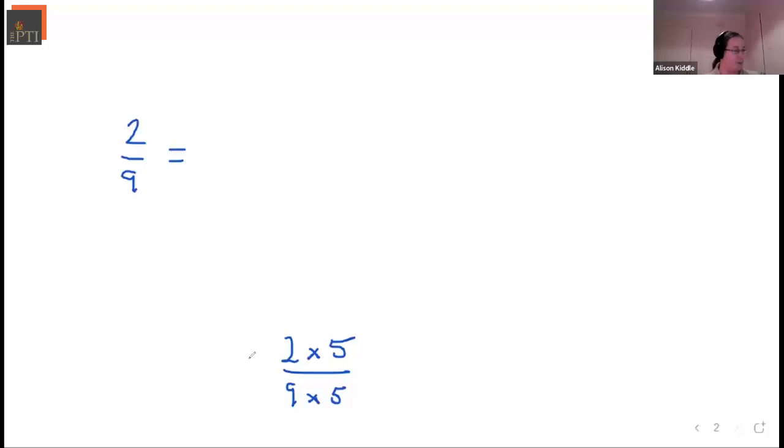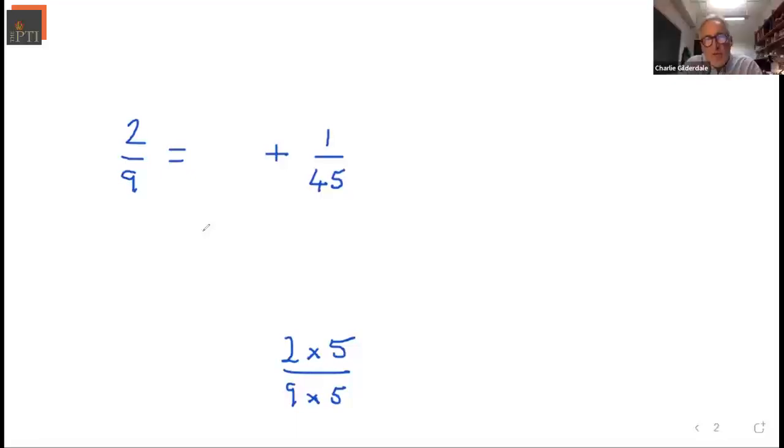Okay, so working backwards, I'll have 45ths. So that fraction is going to be 45 there. And then for my other fraction, well, I want to end up with 10 over 45, so it would have to be 9 over 45, because 9 plus 1 is 10.